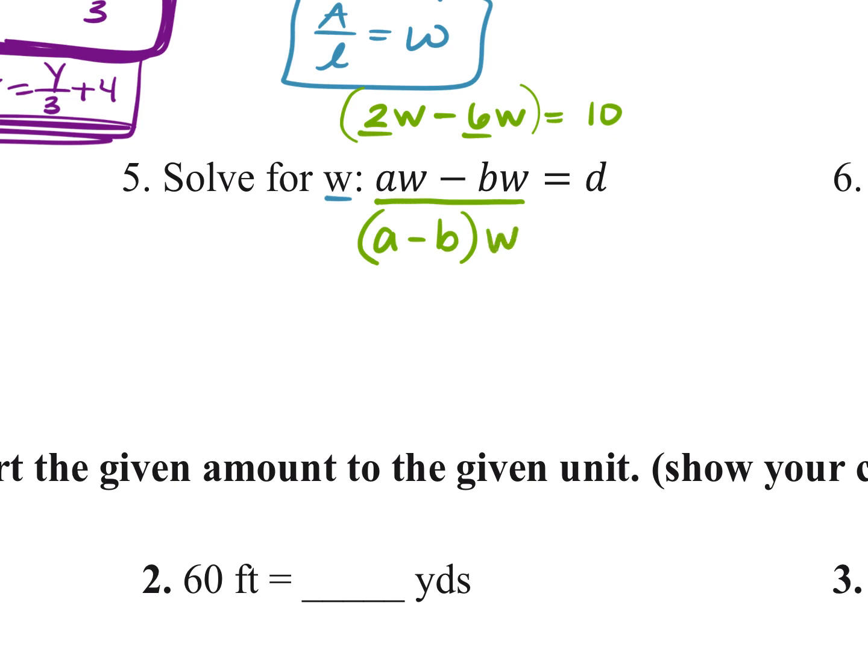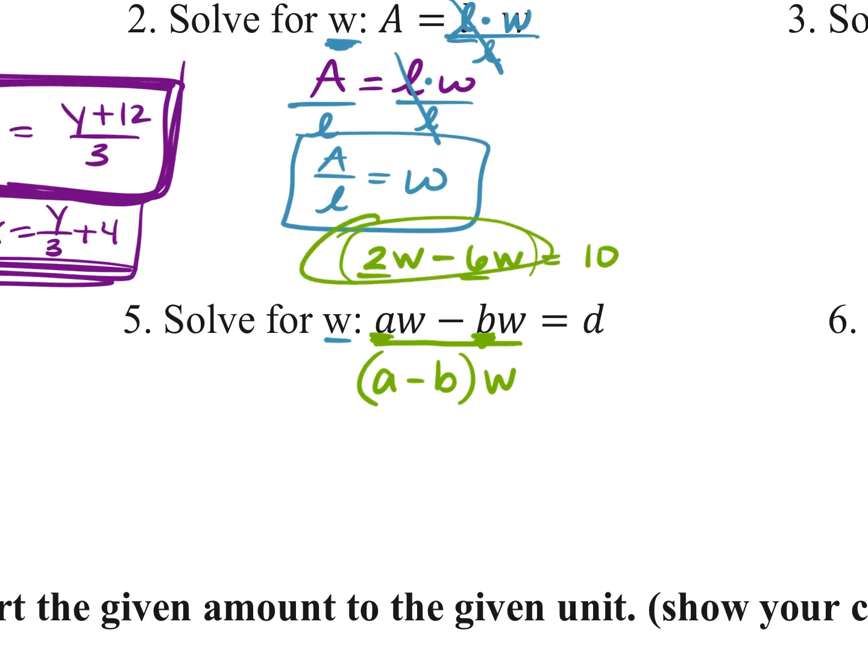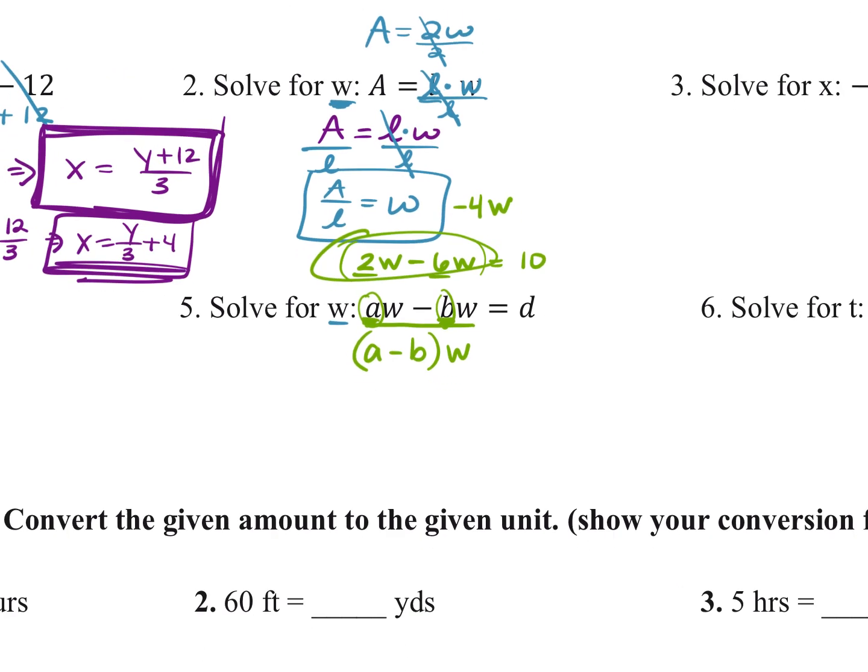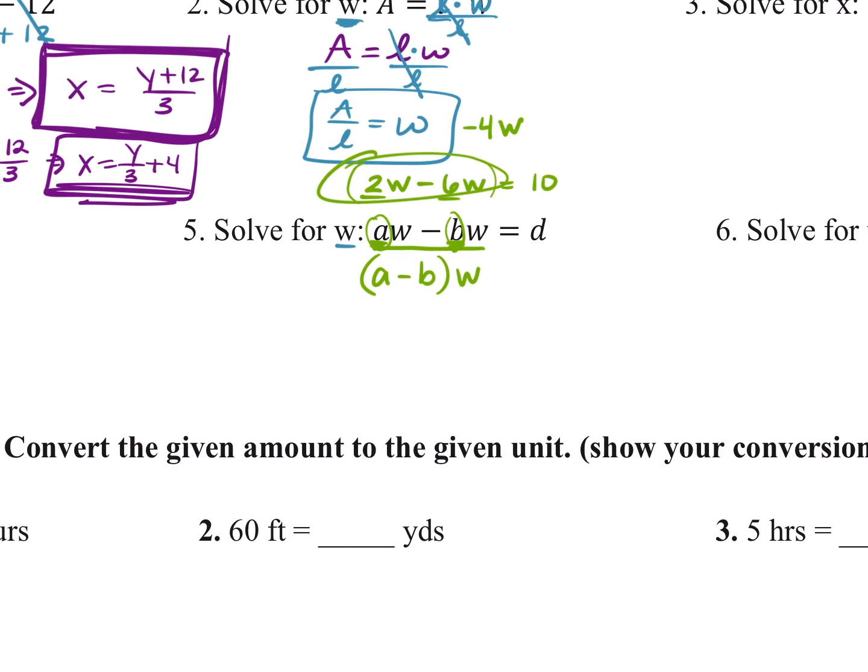So we would subtract the coefficients of our W and then multiply by that W. If I did this top one, 2W minus 6W is a negative 4, but I'm still multiplying that by W. So because I don't know what A and B are, I subtract them, but I still multiply by the W. Does that make sense?